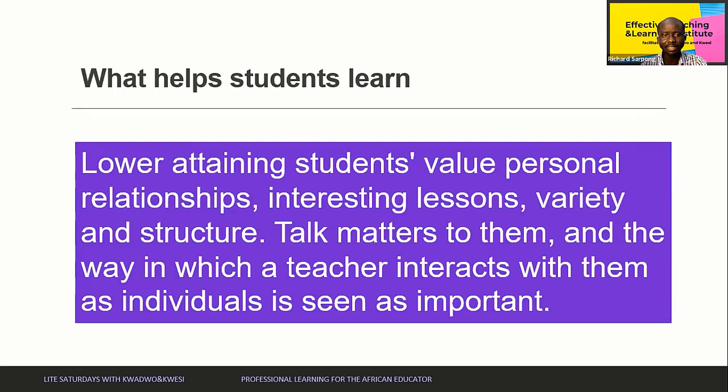But there are specific things that educators can do, and there are things that these low attainers, from research, are pointing to as important for them to learn. One of it is a personal relationship with a teacher. And if I ask the educators that are just listening to us, think about one of your favorite teachers in your whole school life.